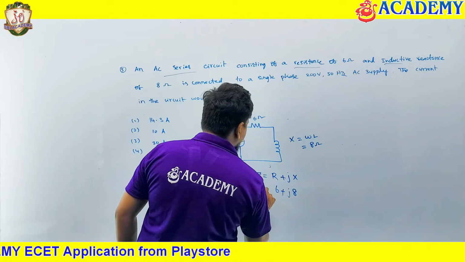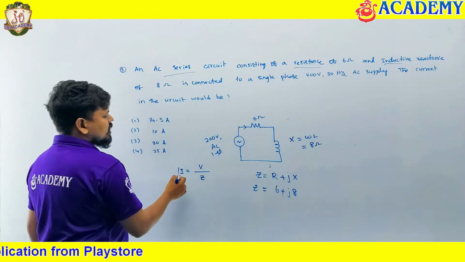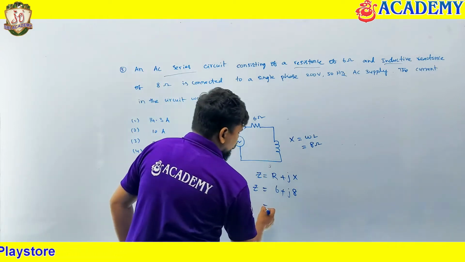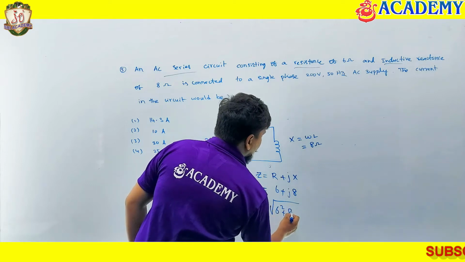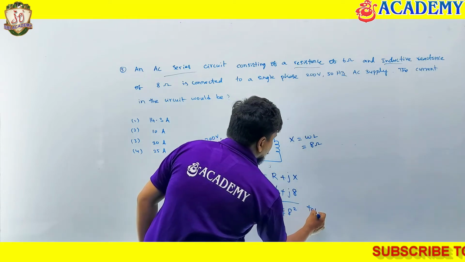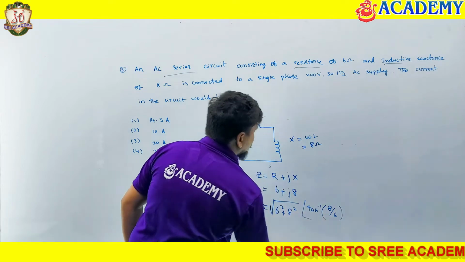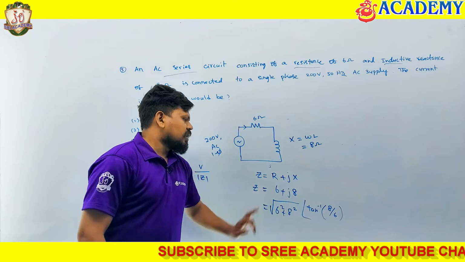So this is the complete impedance, but they are asking for the current magnitude. So for the current magnitude, we have to write the magnitude of this also, okay. So the magnitude is under root 6 square plus 8 square, at an angle of tan inverse of 8 by 6, okay. Reactive part divided by active part, okay.